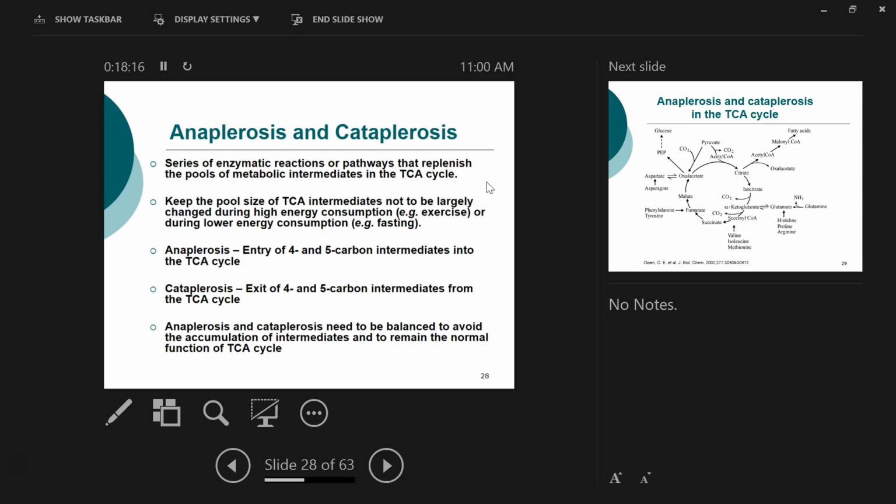So how can we maintain the concentration of intermediates in the TCA cycle? That is a function of anaplerosis and cataplerosis.